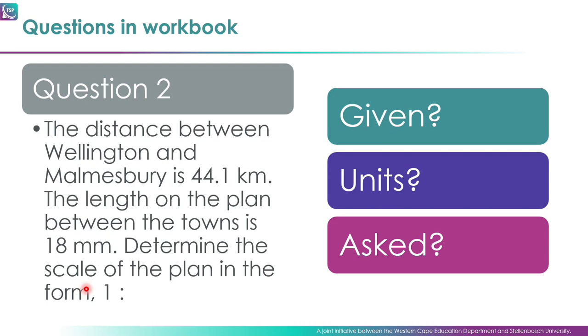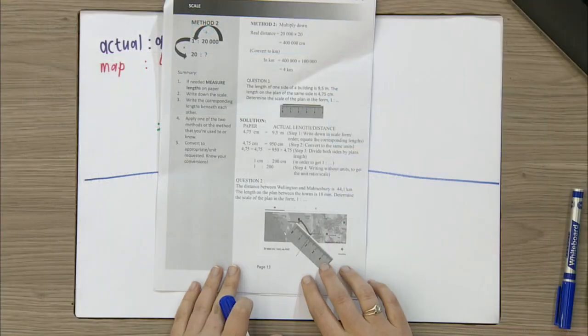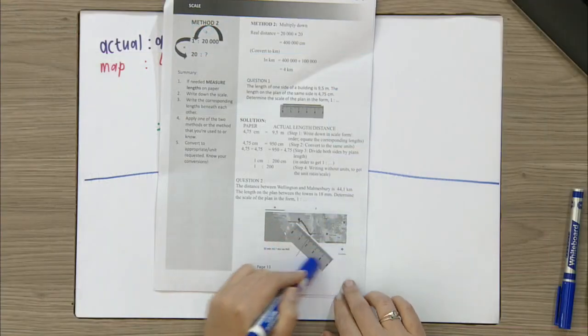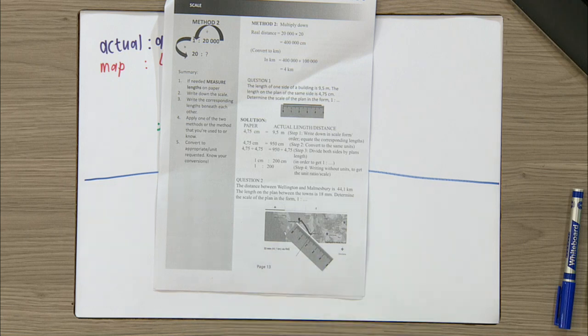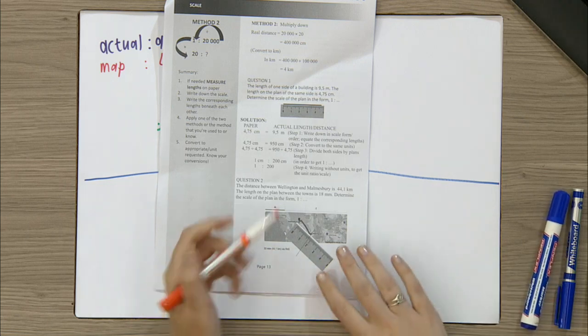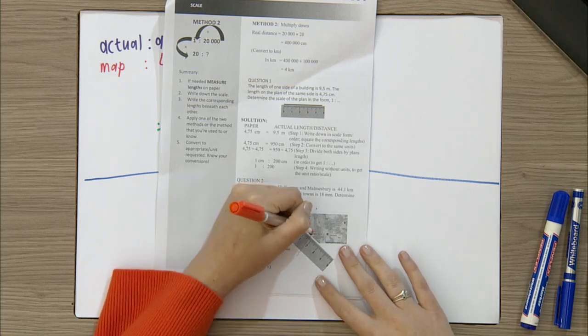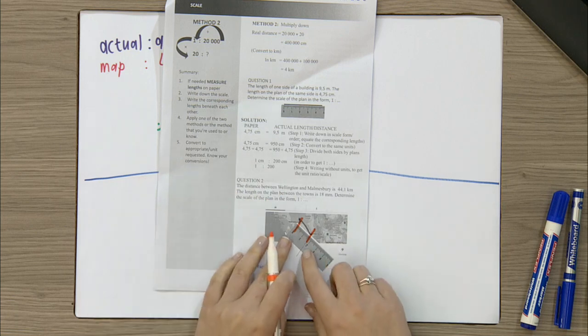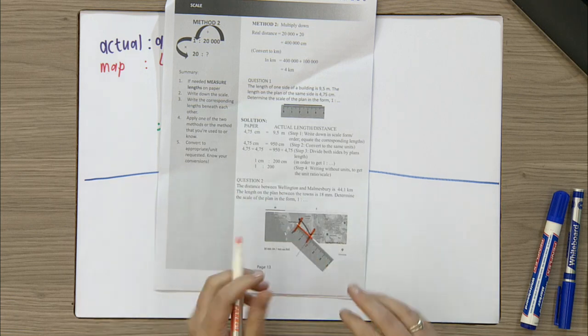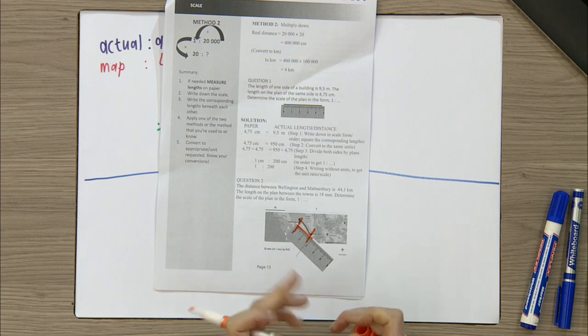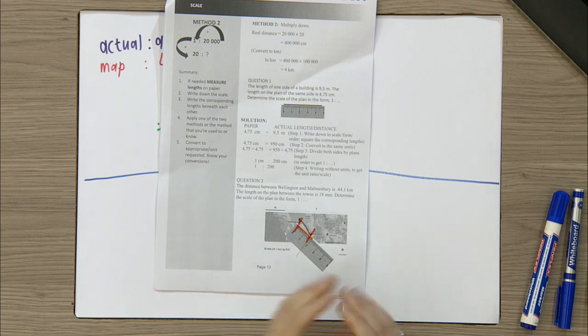So I just want to show you, while I've got this in front of me, if I look in your workbook, you'll see that here you've got an example of this, and here we've now told you it's 18 millimeters. But on here, they are showing you that from here to here, if I was going to use an actual ruler, I would get 18 millimeters when I measure in a straight line.